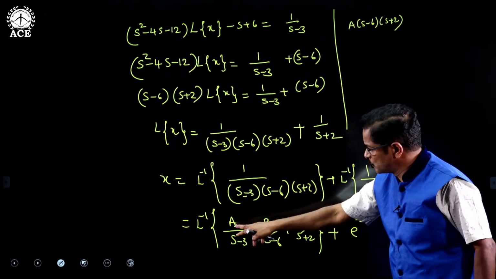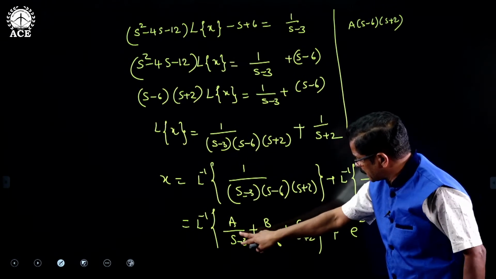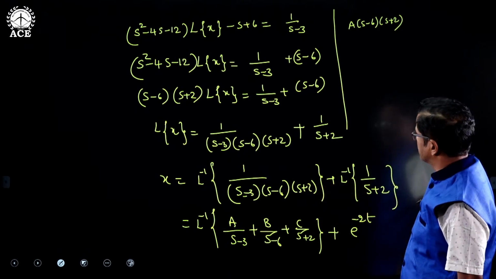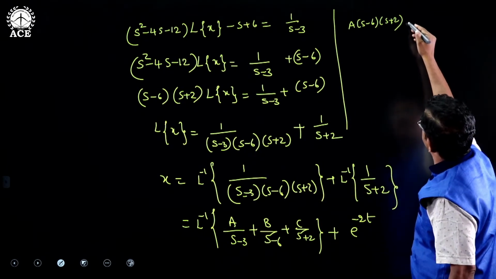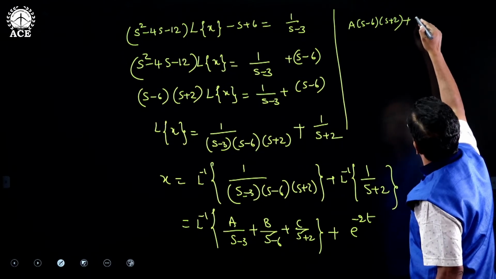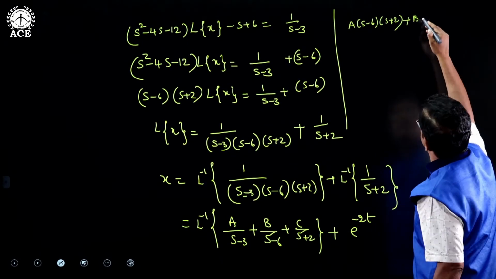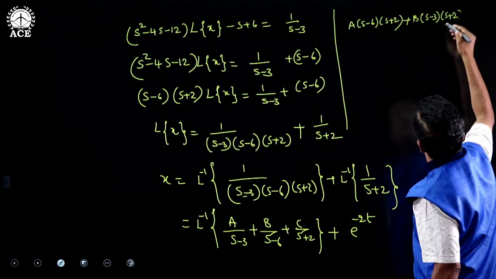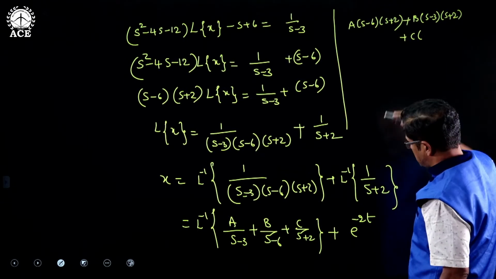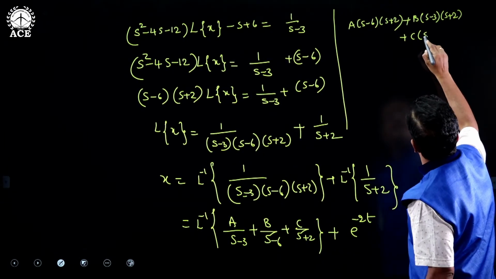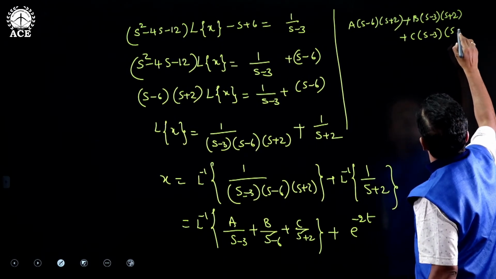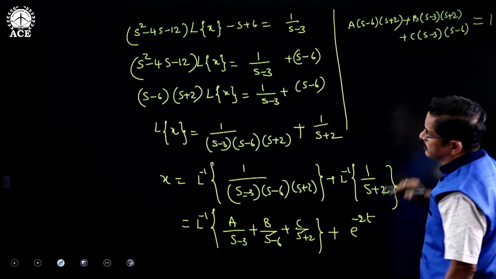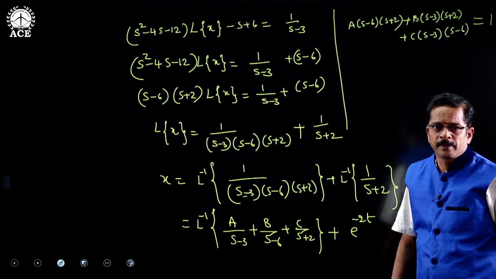With respect to a, its numerator becomes, without s minus 3, the remaining terms of the LCM, plus b into s minus 3 into s plus 2, plus c into s minus 3 into s minus 6, which is equal to 1.